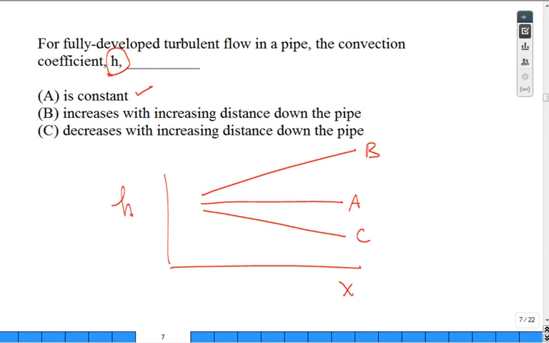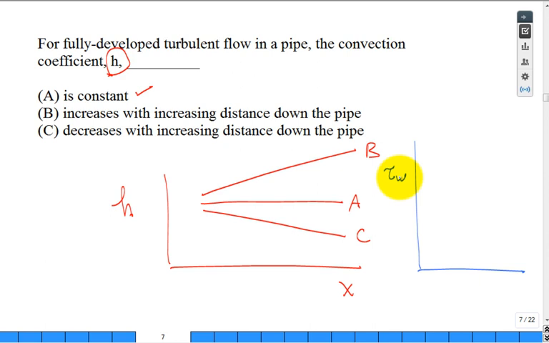Okay, I'm going to go ahead and stop it. And before we grade that one, what we want to do is ask a similar question about what's this? Tau W, the wall shear stress.